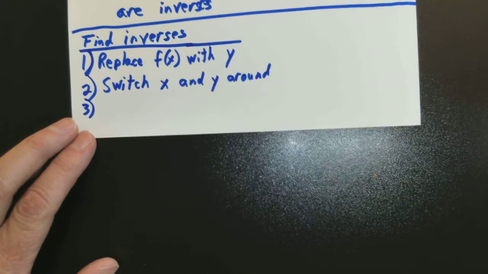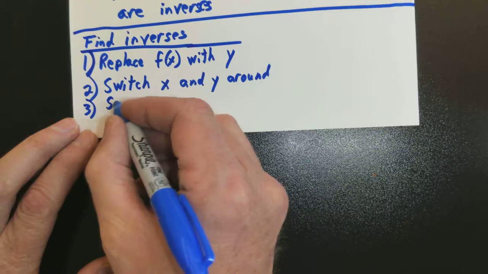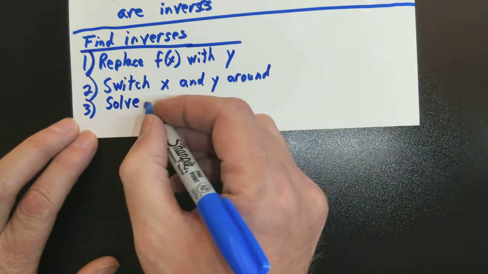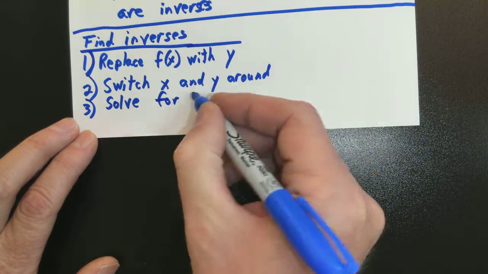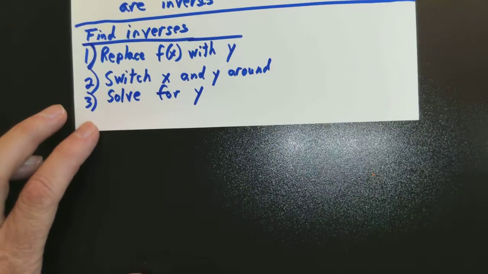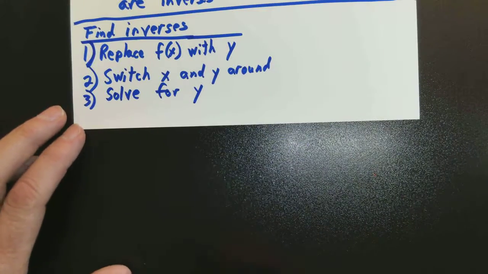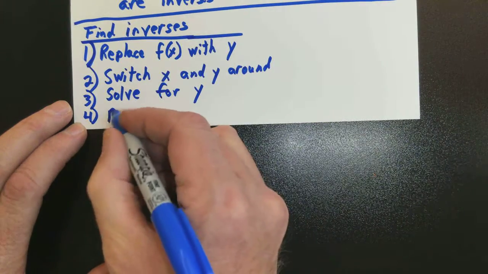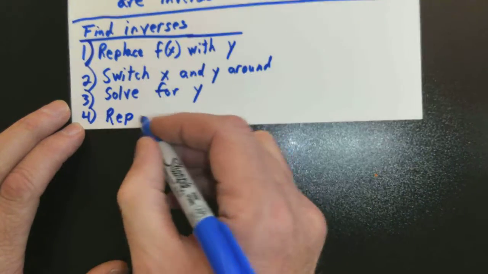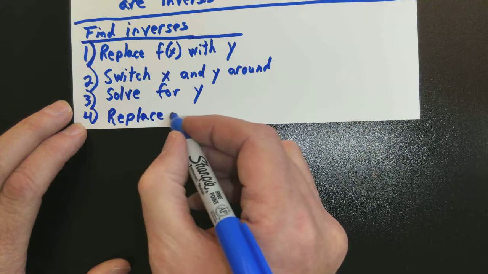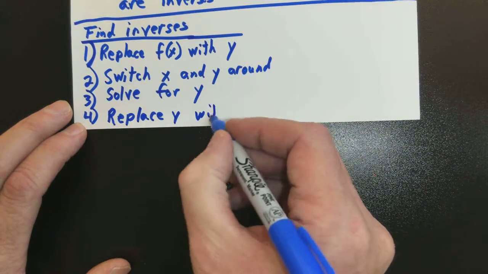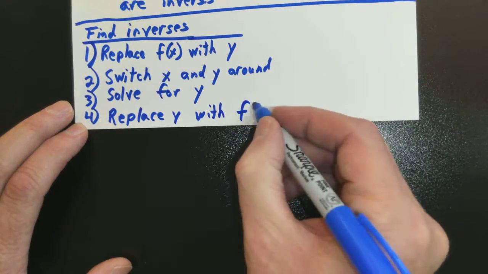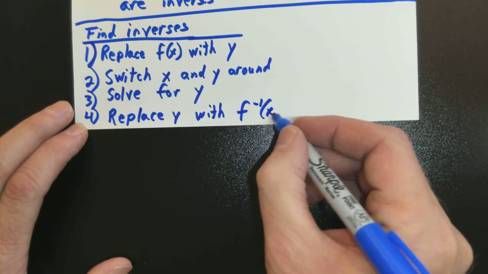Step 3: solve for y. Get y by itself. And step 4: take y back out and replace that y with the inverse function notation, f inverse of x.